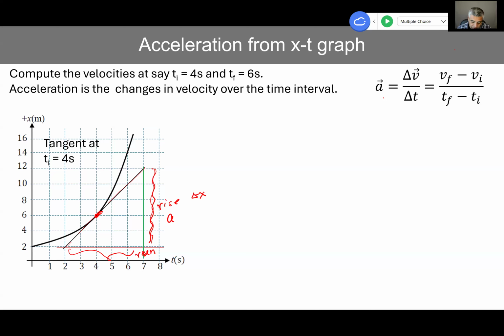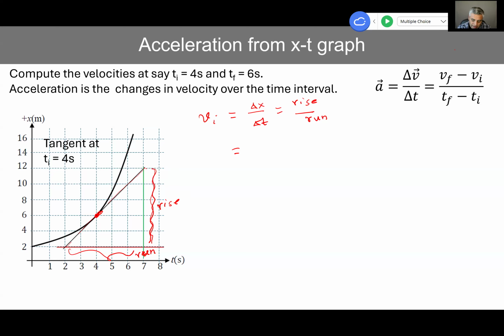Here, this is still a position versus time graph. So that means it's going to be just the initial velocity. Okay. Delta X over delta T. So rise over run.